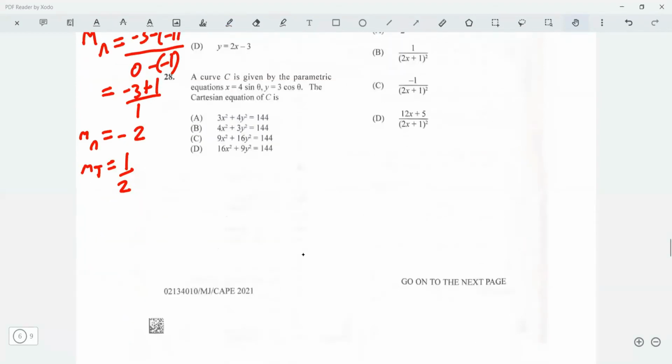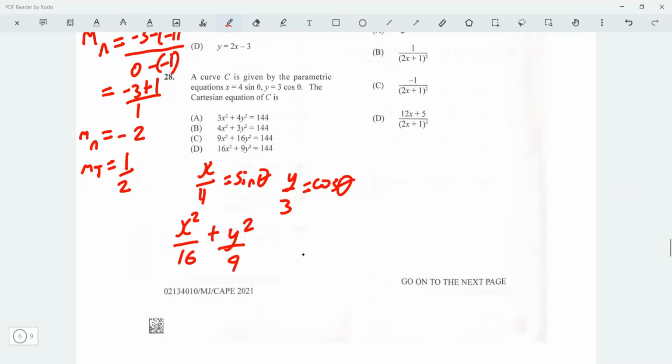A curve is given by the parametric equation x equals 4 sine theta, y equals 3 cos theta. What is the Cartesian equation? What do we know? Make sine the subject. So x over 4 is going to be sine theta. And then y over 3 is going to be cos theta. So if you square it now, you get x squared over 16 plus y squared over 9.